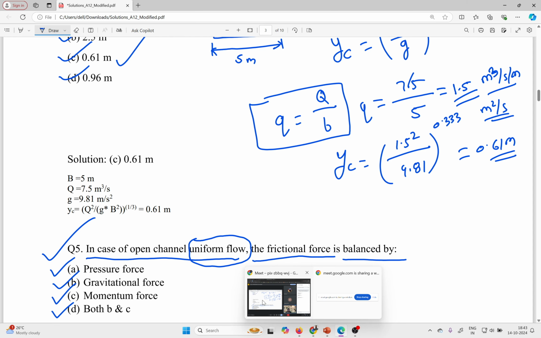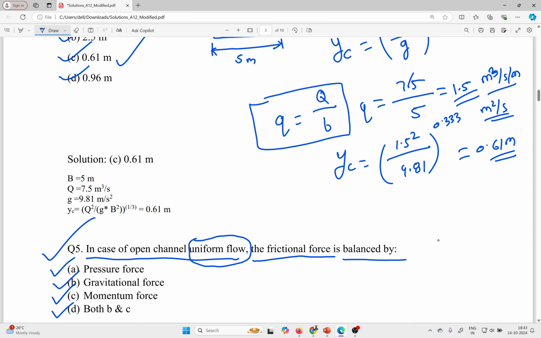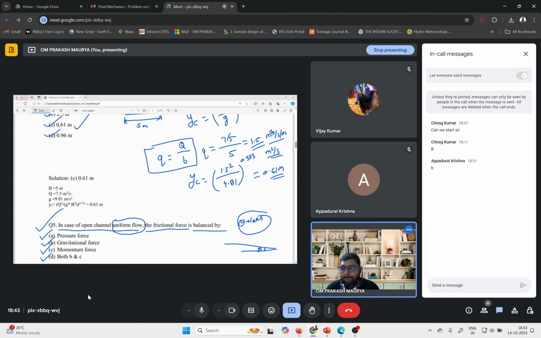Please try to give your answer. Here you can assume the slope theta, the channel slope, is very small. Keeping in mind these things, please try to calculate. Try to think. You have 5 minutes for this question. Very important question.